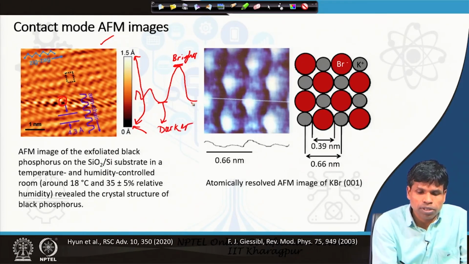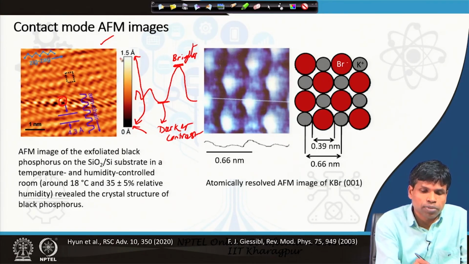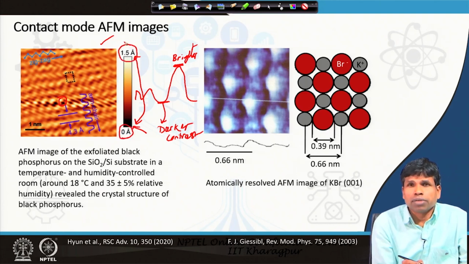The sample can be rough. So, the bottommost part is the dark contrast, and the topmost part of the sample appears as a brighter portion. Now, as we see here, this varies from 0 to 1.5 angstrom.